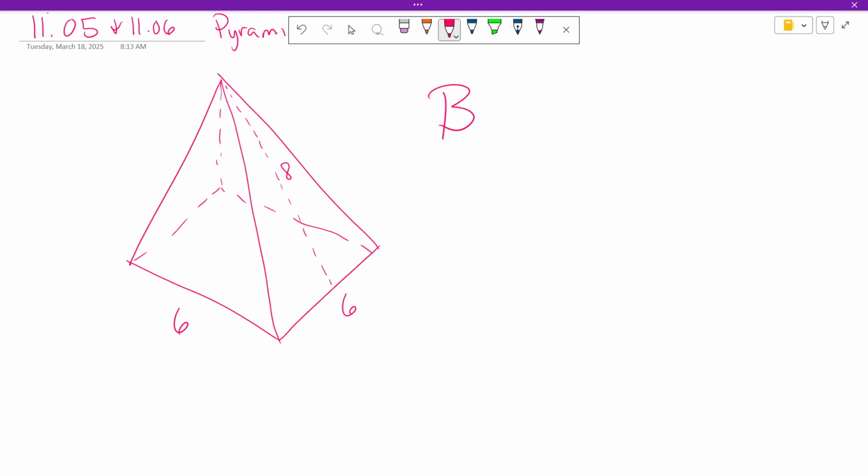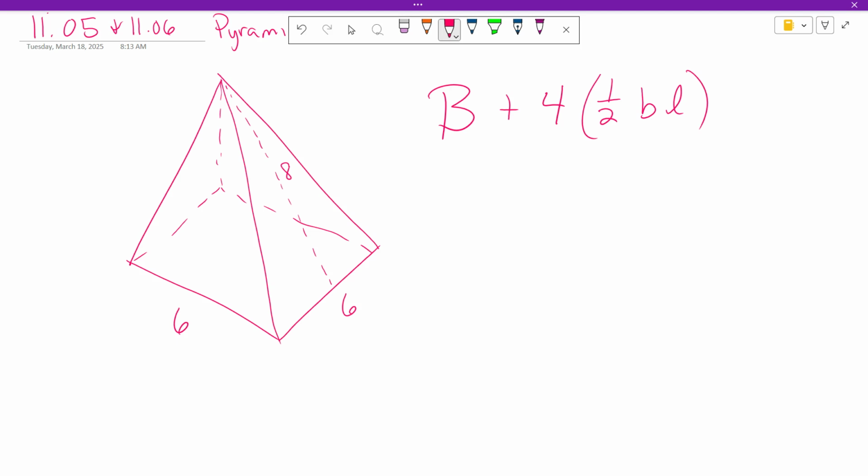square at the bottom. And then in this case, how many triangles do we have that makes up the sides? 4 triangles that are each 1/2 their base times the slant height. Okay? 1/2 the base times their slant height.